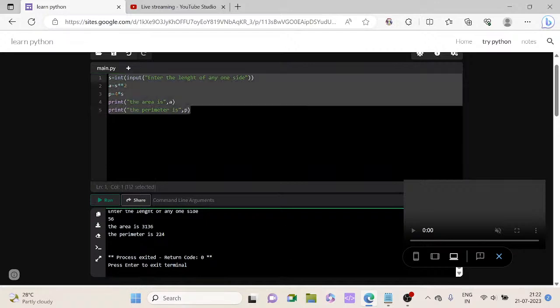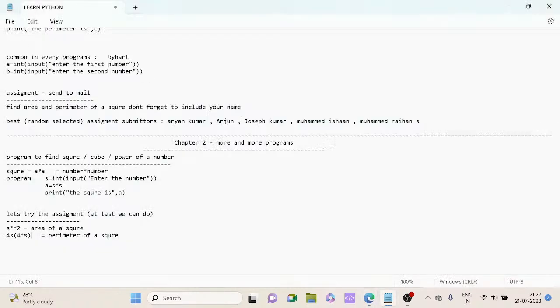So now we have done the program to find the area and perimeter of a square.